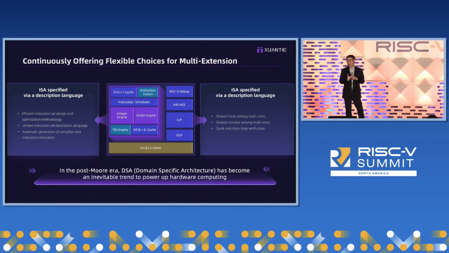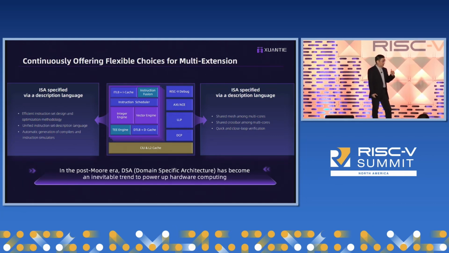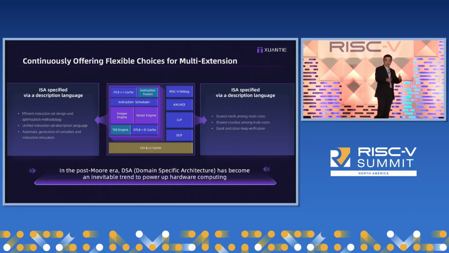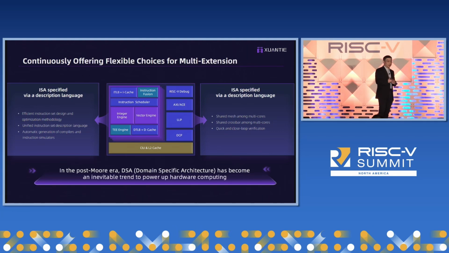DSA is something that is nowadays becoming more available, and it's an inevitable trend in our design in this new era. In the center is the diagram that I showed on the last page.